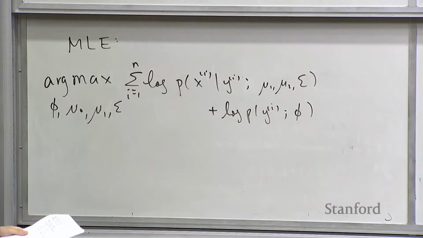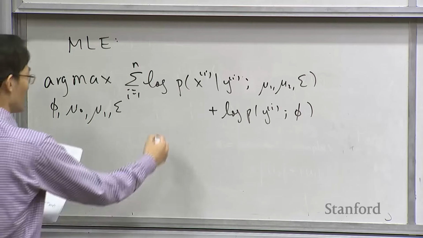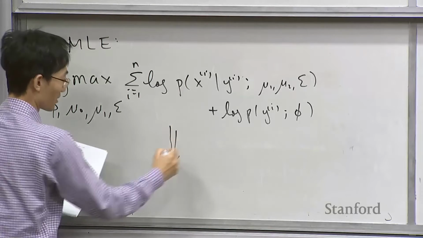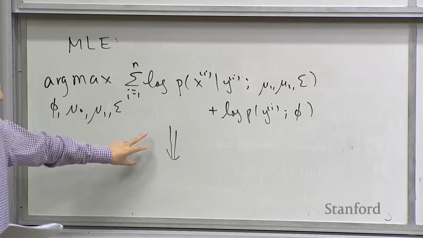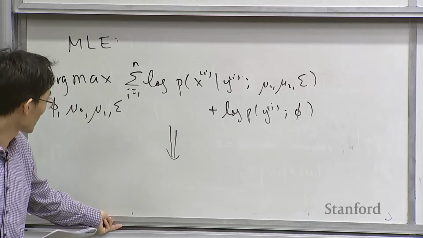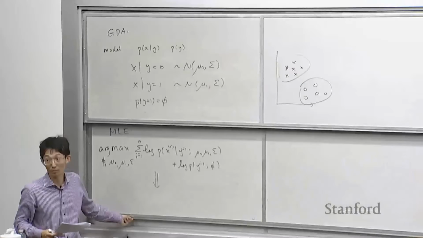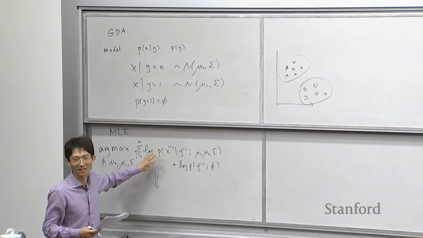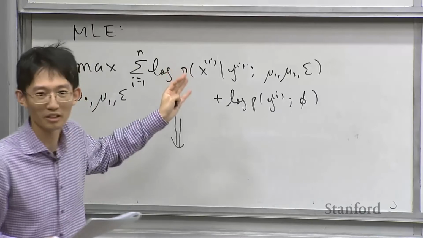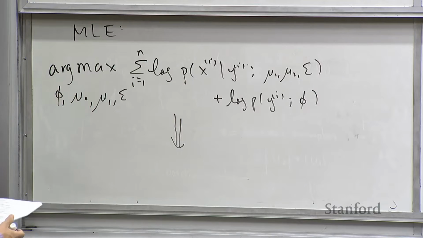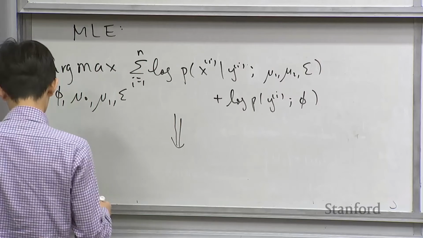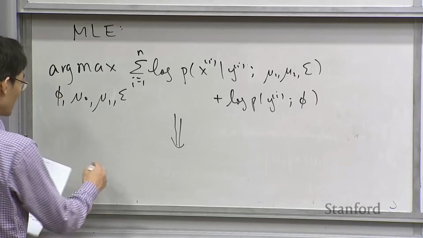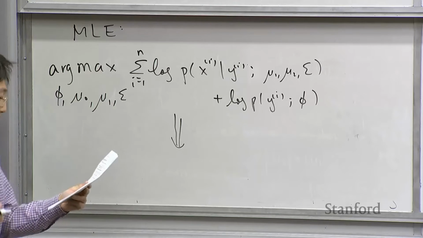Okay, so that's the methodology, and then we skipped a lot of steps because these are homework questions, and I told you that the solution of this MLE problem, you can analytically solve it in this case because this objective function is nice enough. It's kind of like a quadratic function. So you can solve the maximization problem analytically, and you get some formula for these quantities.